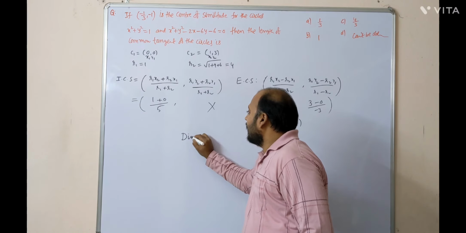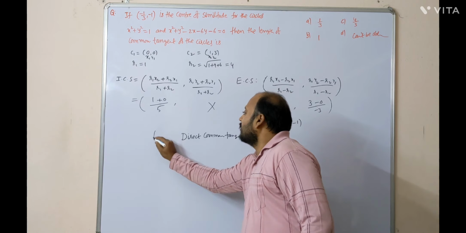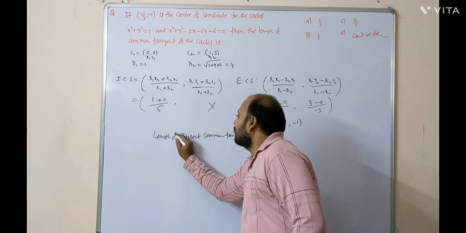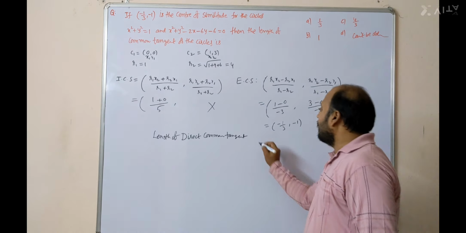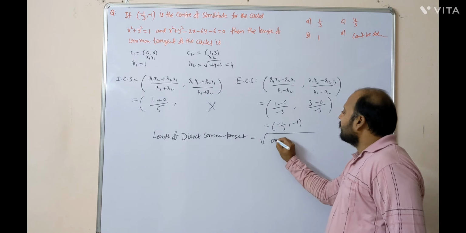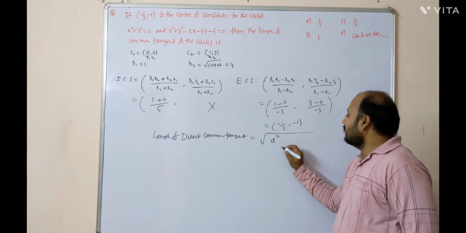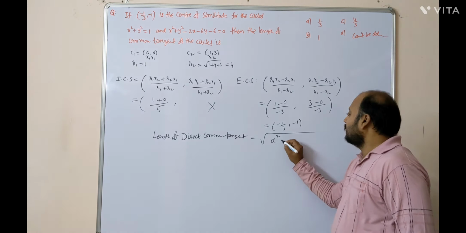Length of direct common tangent. The formula is root over d² minus (R1 - R2) whole square.